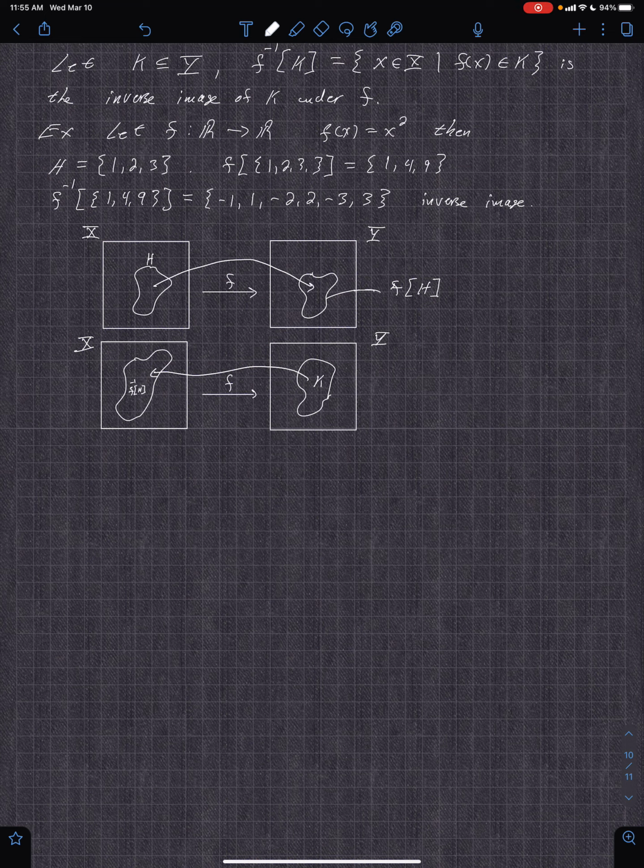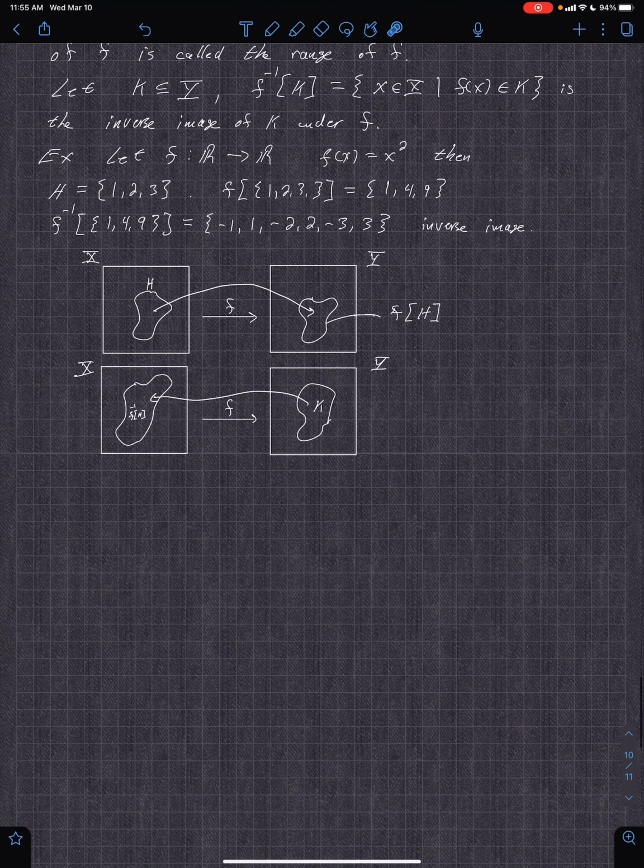Okay, and they might be different. If it's not a one-to-one function, then you're not going to get this inverse image to be whatever the domain was. And so those are just some concepts we'll look at as we go here.